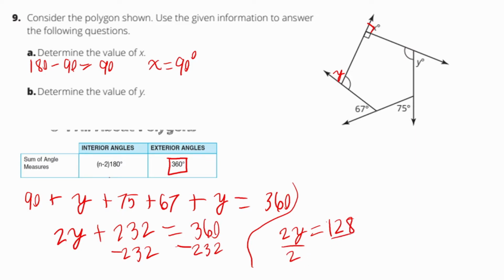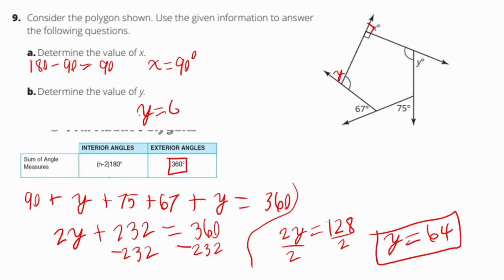Divide by 2 on both sides, and we get y is equal to 64. And there's your answer. I'm just going to write up here to make everything look nice. There we go.